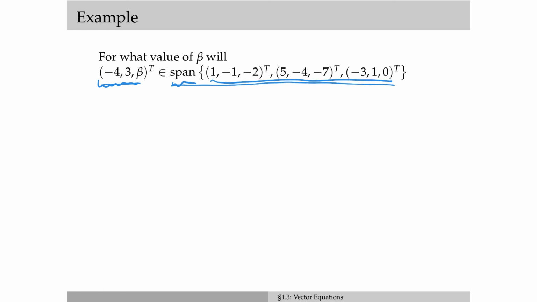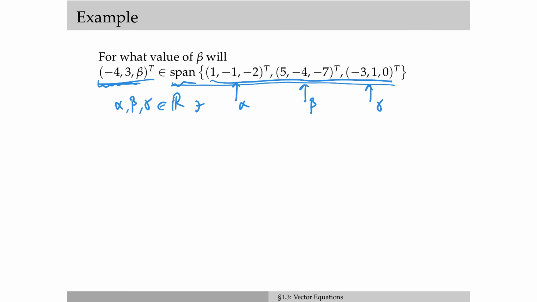So there must be constants alpha, beta, and gamma such that alpha times that vector, beta times that vector, and gamma times that vector, when summed, will give me that particular vector.